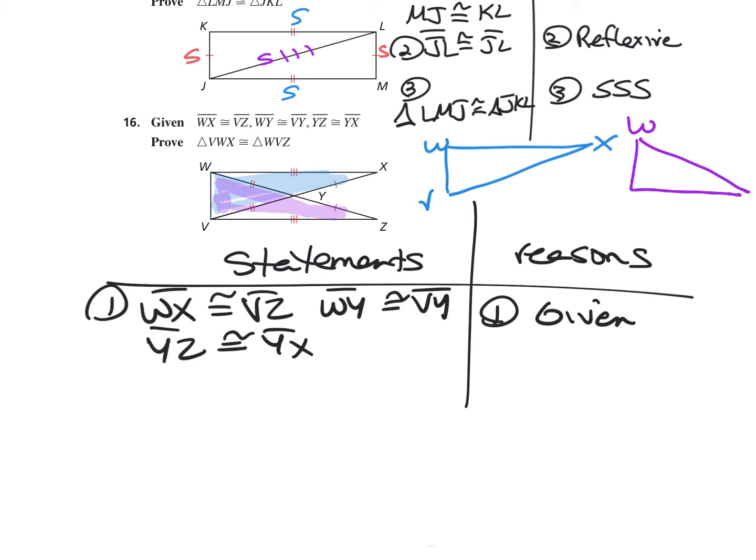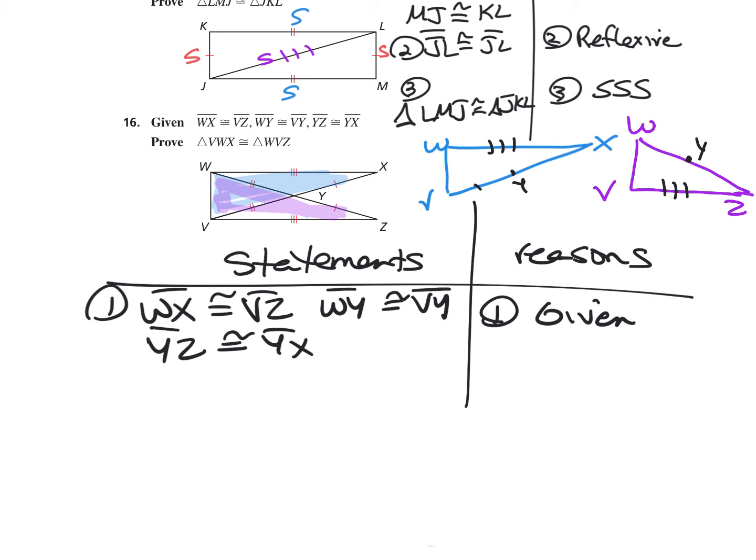And you can see that the WV is the same. So now let me add in the congruency marks that were labeled. This one had 3, and then here. And now what they did though, they had another point here, Y.